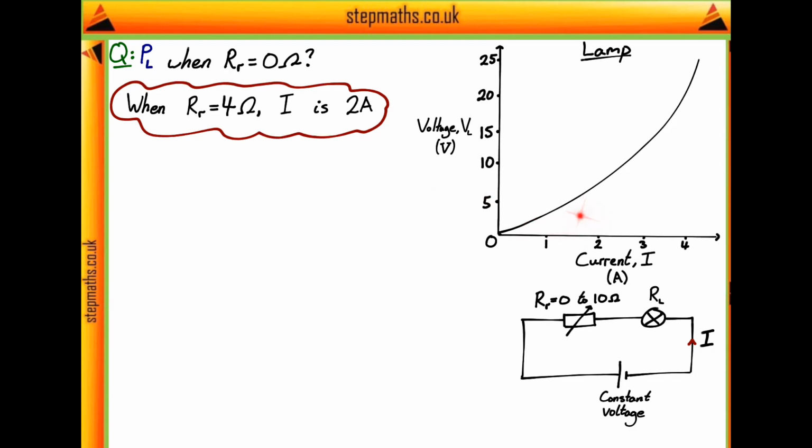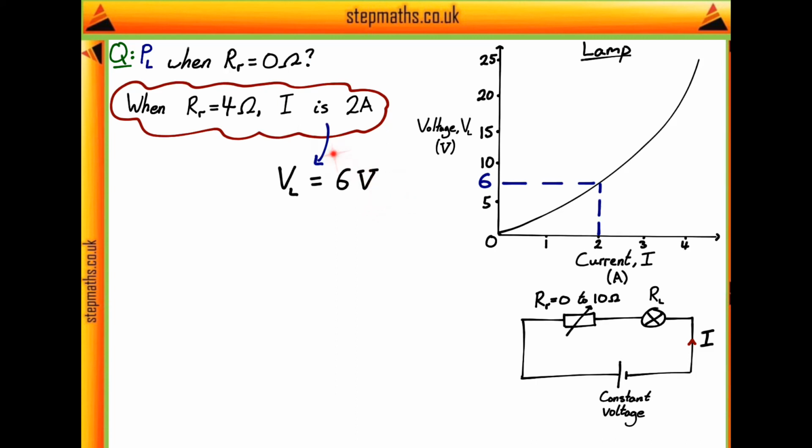If we use our graph, we can look for the current at 2 amps, and we see this corresponds to a voltage of 6 volts passing through our lamp. So we know that VL is going to be 6 volts when the current is 2 amps. While this isn't necessarily useful straight away, it's a handy thing to keep in mind. I'm not sure there's any other information we could get very easily off of our diagram and our circuit.